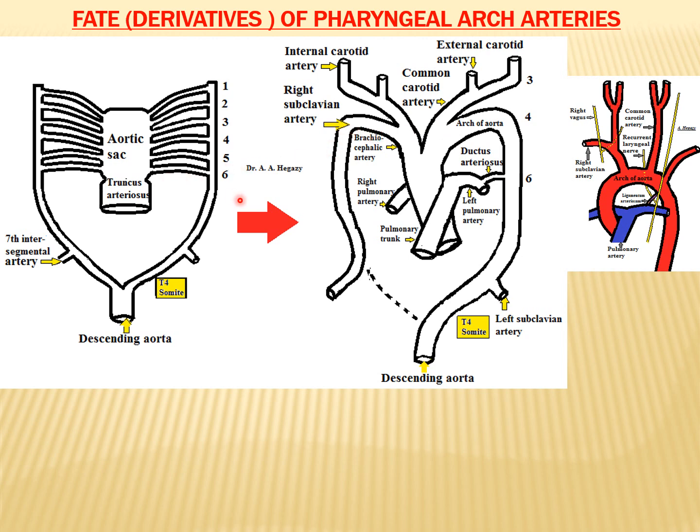Then we come to the sixth pharyngeal arch. The fifth, as we said, disappears completely. The proximal part of the sixth pharyngeal arch, proximal P, gives rise to P, the pulmonary artery, on each side. The distal part on the right side disappears, while on the left side it persists to form what is called the ductus arteriosus, connecting the pulmonary artery with the aorta.